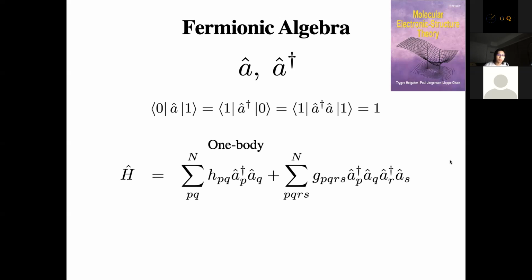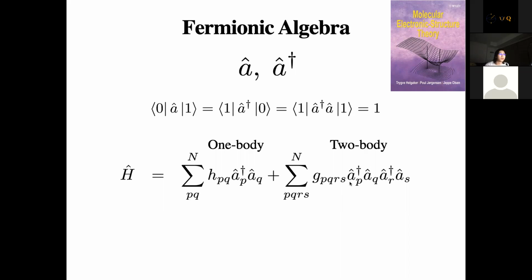But HPQ are just coefficients. So in some sense, you can see this HPQ as a matrix. The other term is what we call the two-body terms. This is slightly more complex than the one-body term, you can see. And the GPQRS is a tensor, or in plain terms, four-dimensional arrays of just coefficients. So this would describe your Hamiltonian, which would describe your molecules.